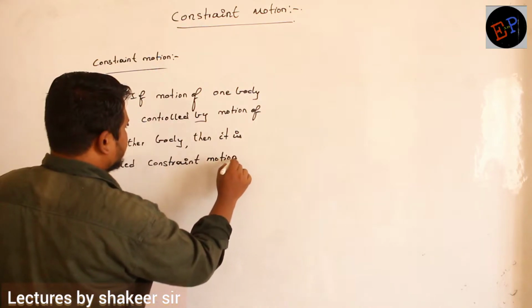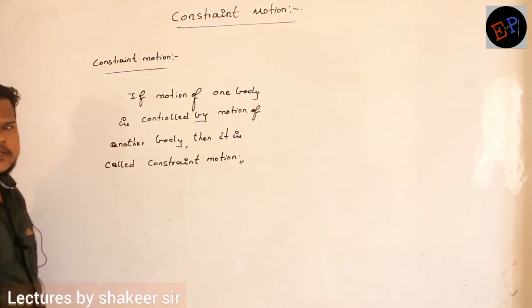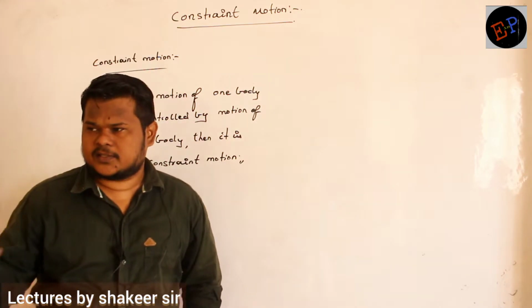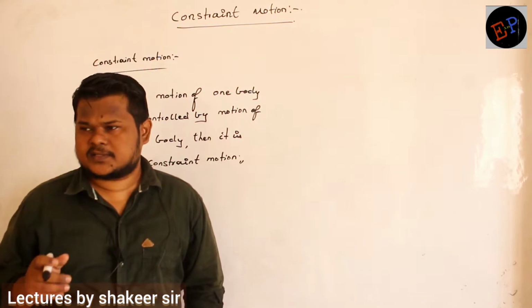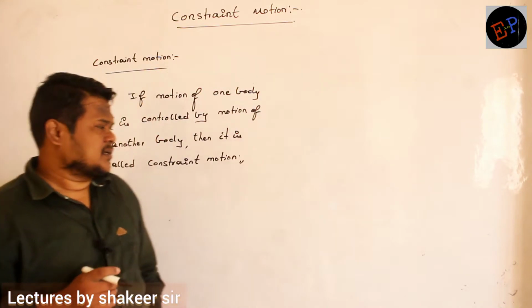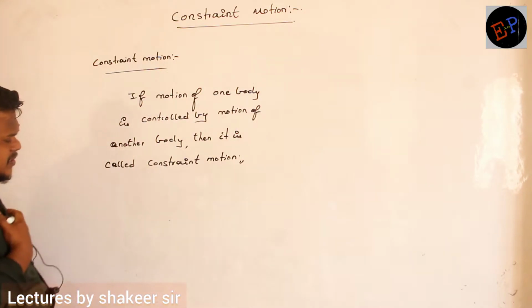Are you able to understand? If motion of a body is controlled by motion of another body, then that type of motion we can call constraint motion. Okay? So let us try to understand this by taking one example.